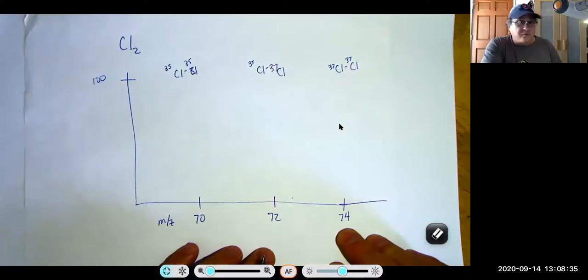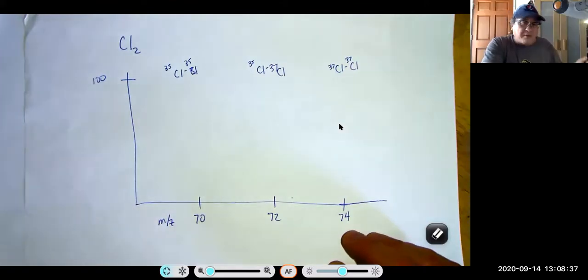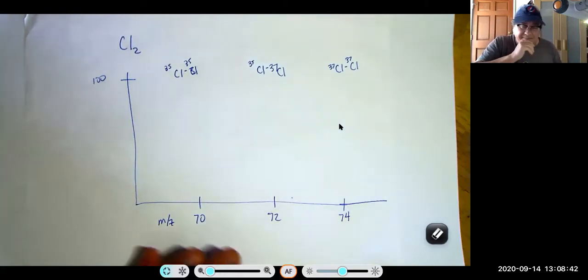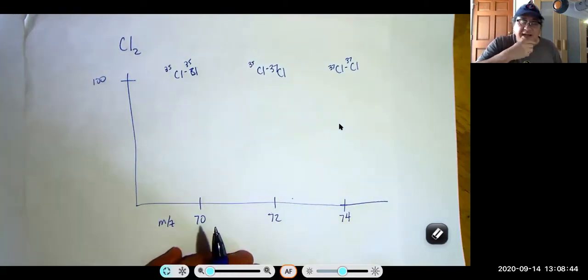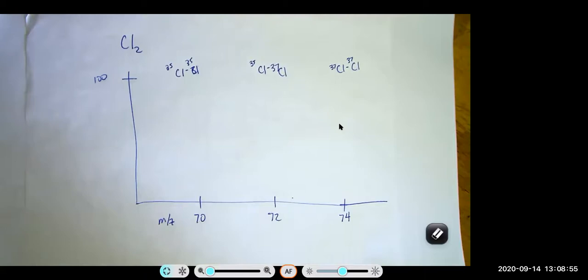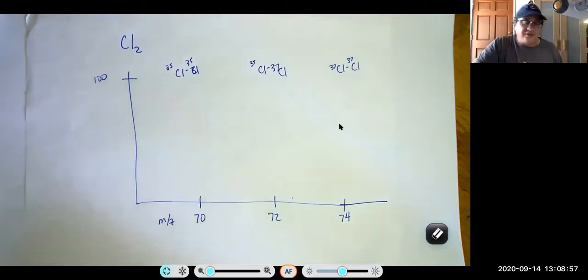Oh, no, because that would mean we have four atoms bonded together, and you can't have that. Or we have two of them, so we have 72 plus 72. That you can't.